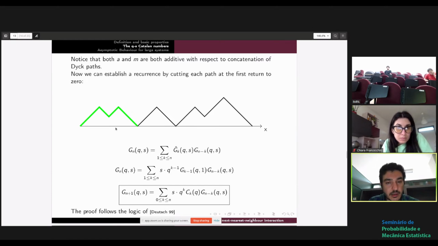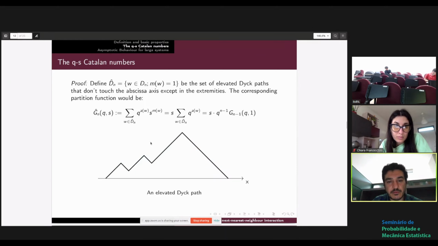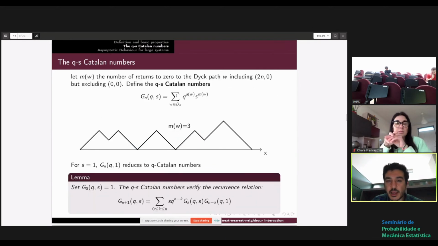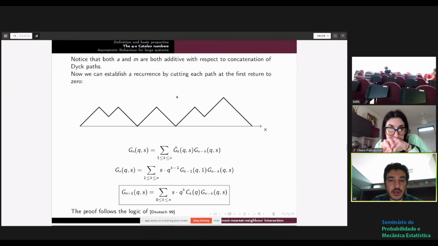Now this cut, let's say it happens at a site k, and it can happen at any site of the lattice. But it allows you to go back again to the definition here and establish a recurrence between elevated dig paths and normal dig paths.